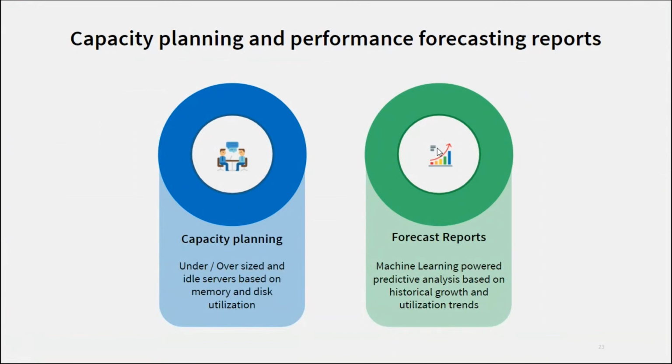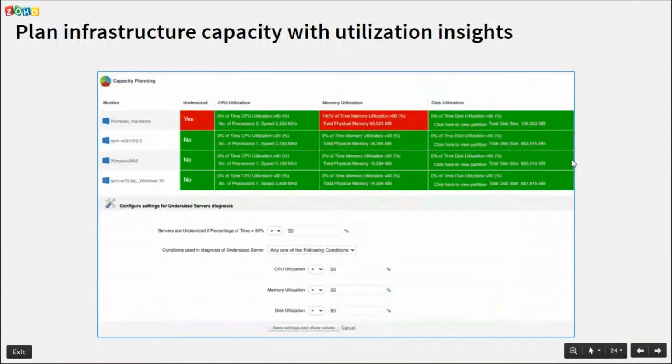The capacity planning, however, is restricted to servers and infrastructure components like virtual machines, but the forecast reports extend beyond infrastructure to other applications as well, and can forecast application performance, growth, and utilization trends.